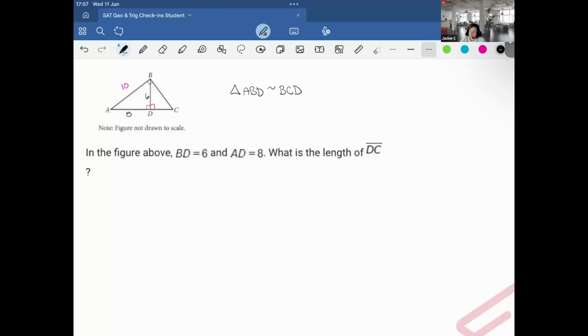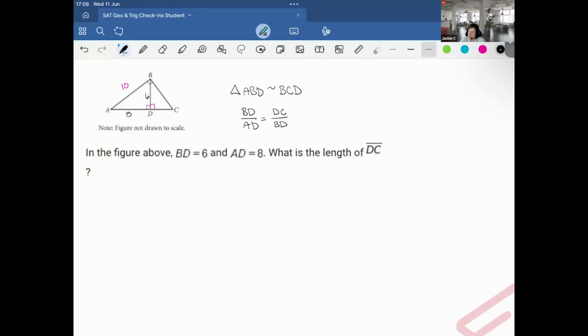And since they're similar triangles, it means that their sides are going to be proportional to each other. So the ratio of BD to AD is the same. So I would say, all right, BD to AD is similar to DC to BD. So that's how they're similar.